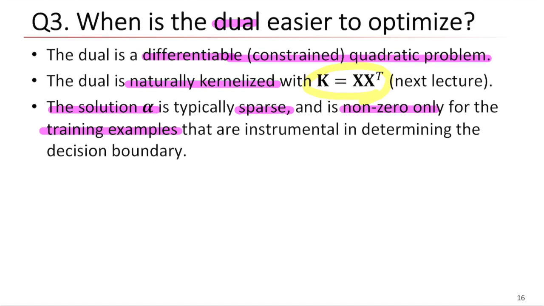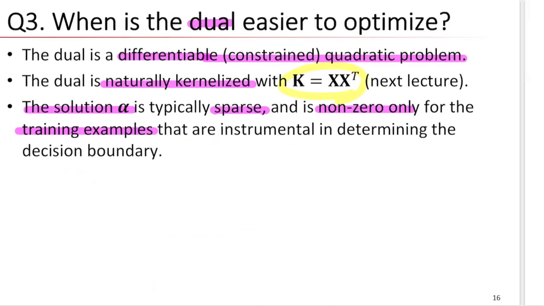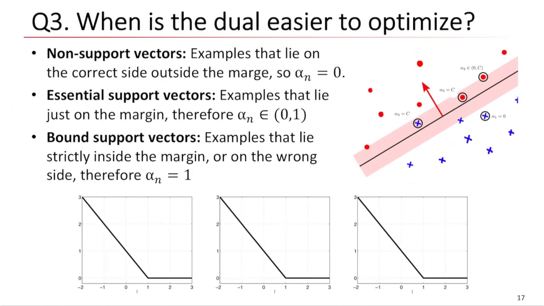Let's see the figure. When we minimize this function, there are three kinds of input x, or vector. The first kind is the non-support vector case. What does it mean? The non-support vector, or the non-support samples, lie on the correct side outside the margin.